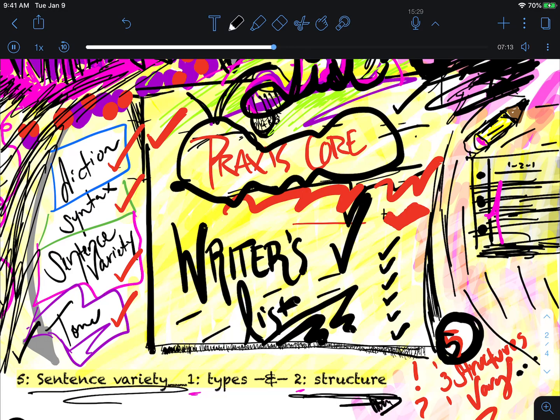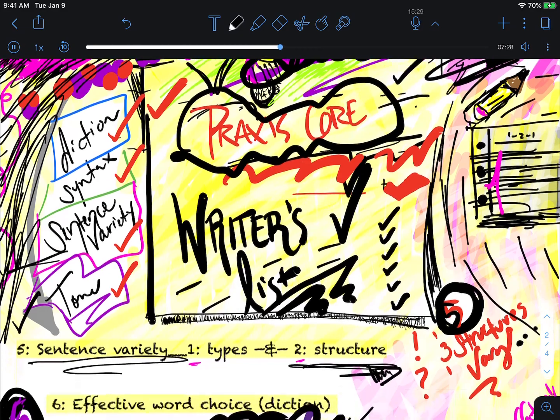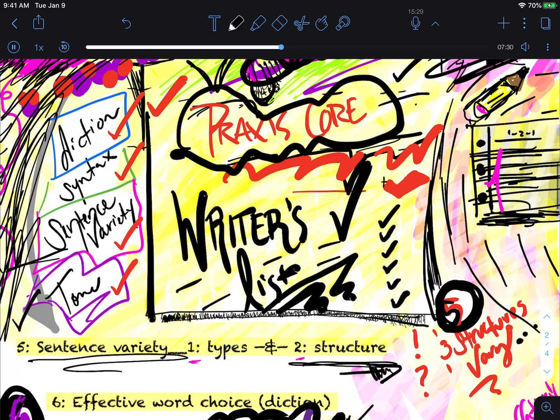So short sentences, long sentences, sentences with different types of dependent and independent clauses, sentences that are not run-on sentences, sentences that ask rhetorical questions, things like this. So remember, you need to use a sentence variety that shows that you have a firm grasp on how a paper or an essay sounds best.